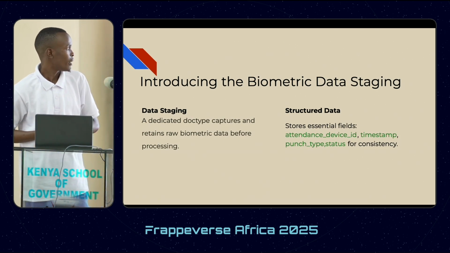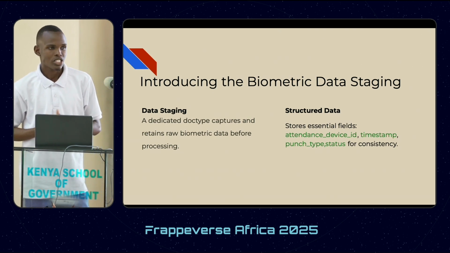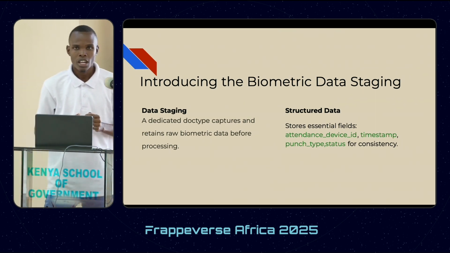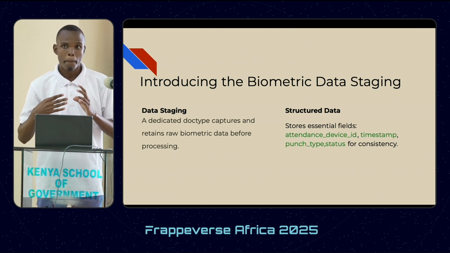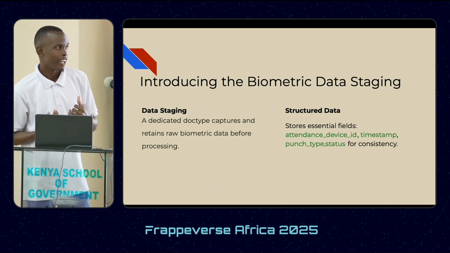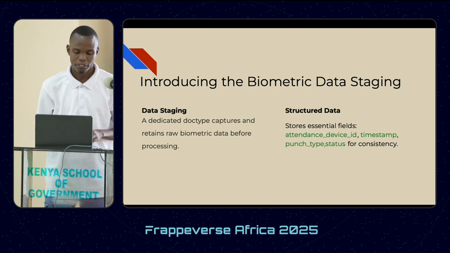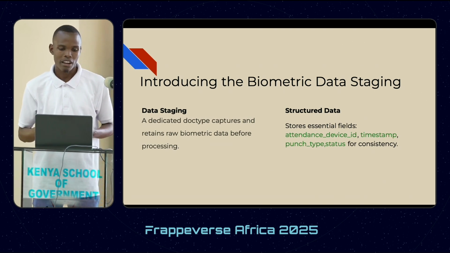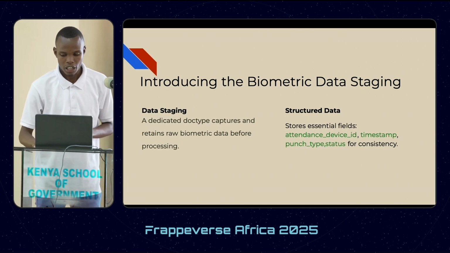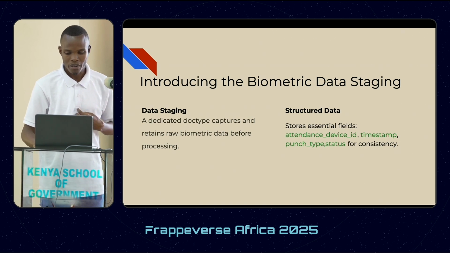And here comes the biometric data staging. It's a dedicated doc type that captures the raw data from the biometric and stores it, which also acts as a permanent storage of this data and gives the biometric more memory space, which impacts the efficiency of the biometric.